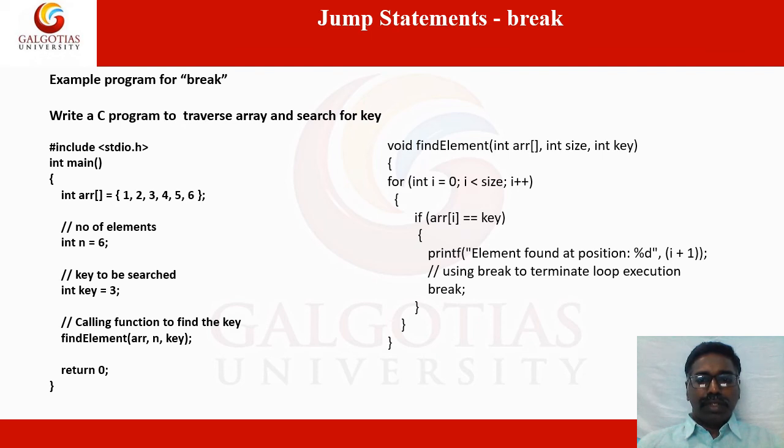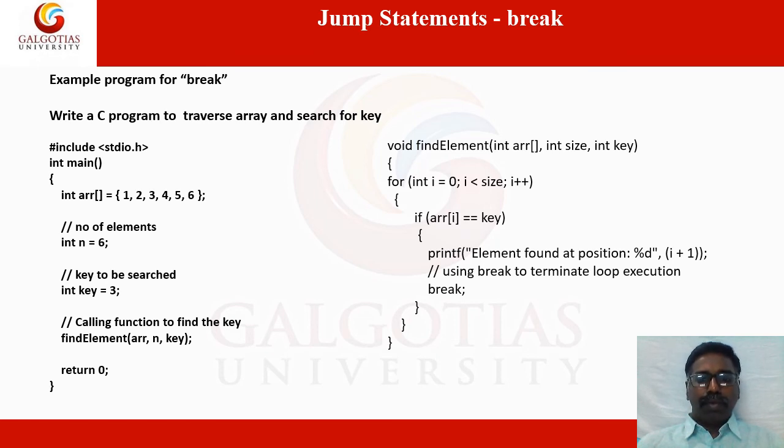This function is used only to find the element in the given array. The given array is copied here into the array parameter, the size is copied here, and the key is copied here. So all the actual parameters are copied to the formal parameters.